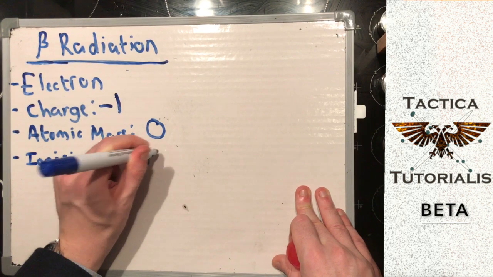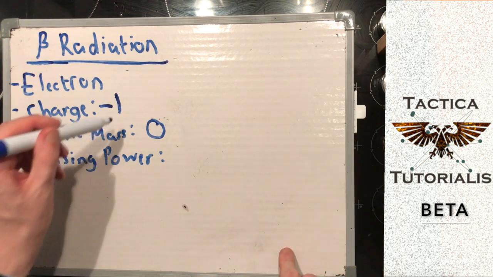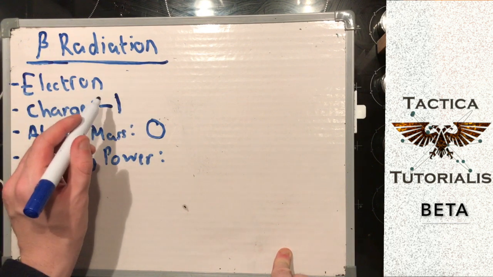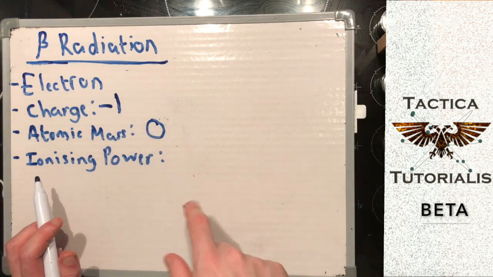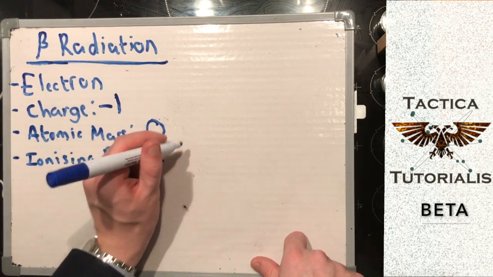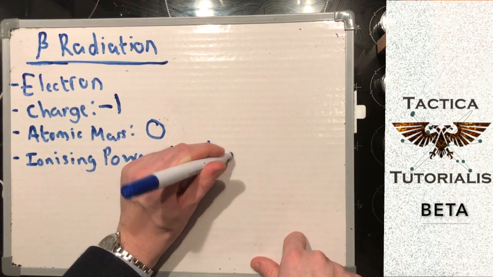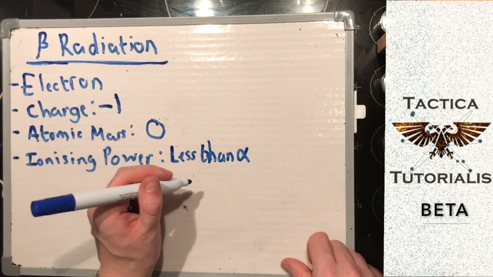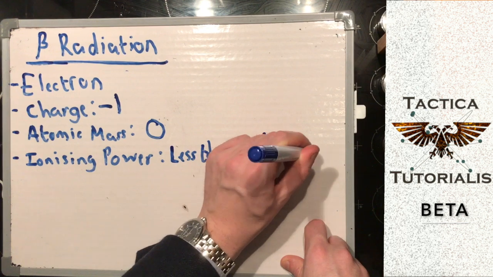Well, a beta particle is reasonably ionizing, but the amount of power radiation has to ionize is based on its charge. Remember, not the plus or minus, it is based on the number. So 1 is less than 2, so we say that it has less than alpha. The sort of term I would normally write is probably medium.